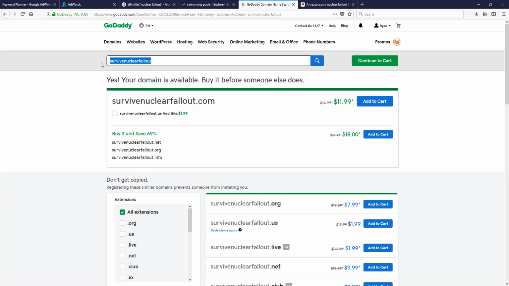You used to be able to register a domain name, and whatever that keyword phrase was, survive nuclear fallout for this one, I'd pretty much be guaranteed a search ranking for that search term by registering this domain and building a decent website behind it. Nowadays, it's not really guaranteed. They still have to consider that your domain name is your brand name and that people might search for it though.